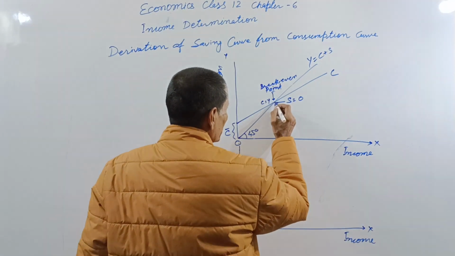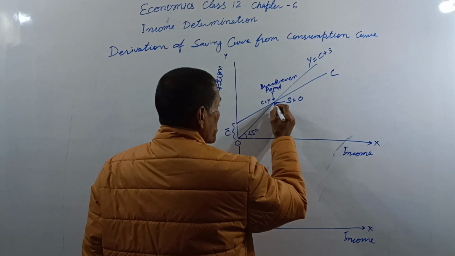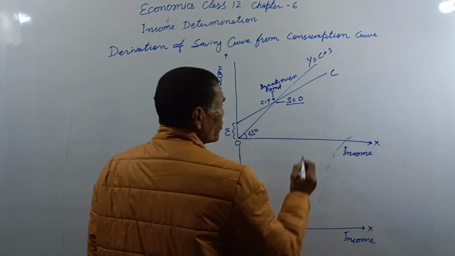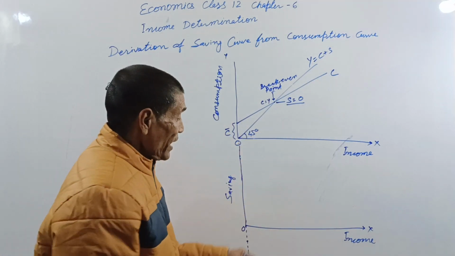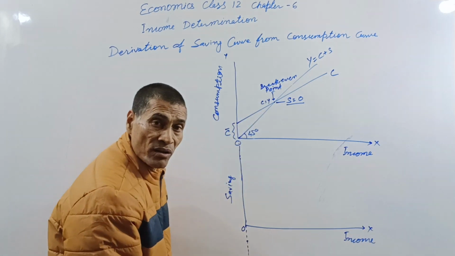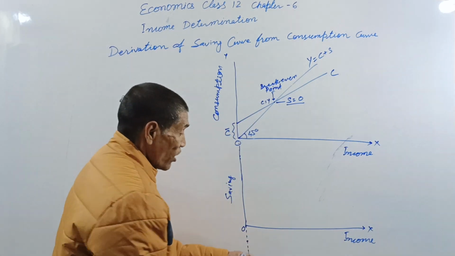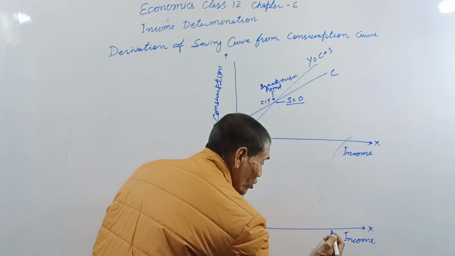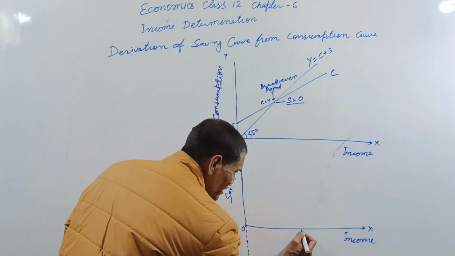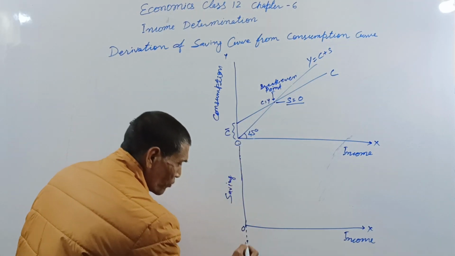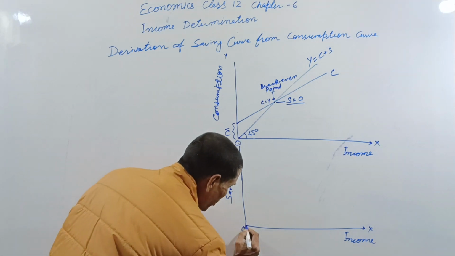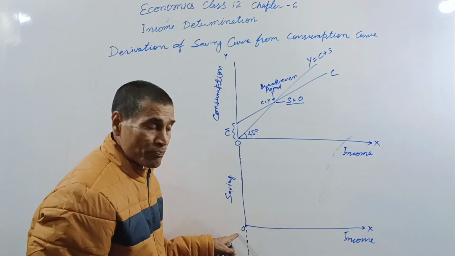And one more thing, at zero level, here is s equal to 0. You can see saving is 0. And where will the saving be 0? On the x-axis. Suppose any point on the x-axis. If you put a perpendicular line on the y-axis, it will always come at 0 level.